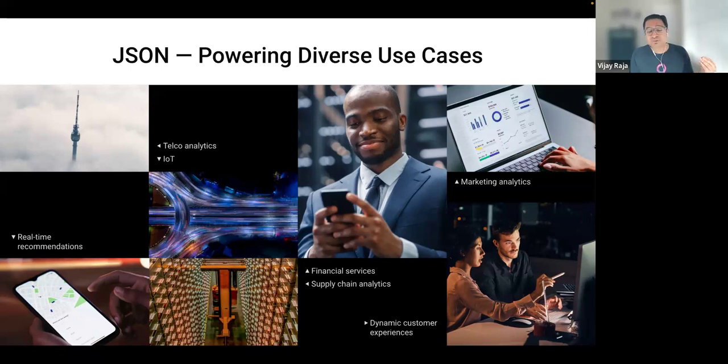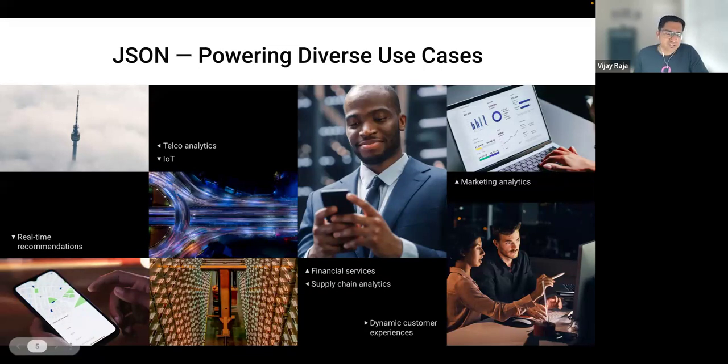Social media sentiment analysis, like Twitter streams, is born as JSON. And lately I learned that lots of telco CDR data is also in JSON. So there is a wide variety of use cases that JSON powers today, relevant across multiple industries, be it real time or batch, with a lot of applications emerging that use JSON as the underlying data structure.